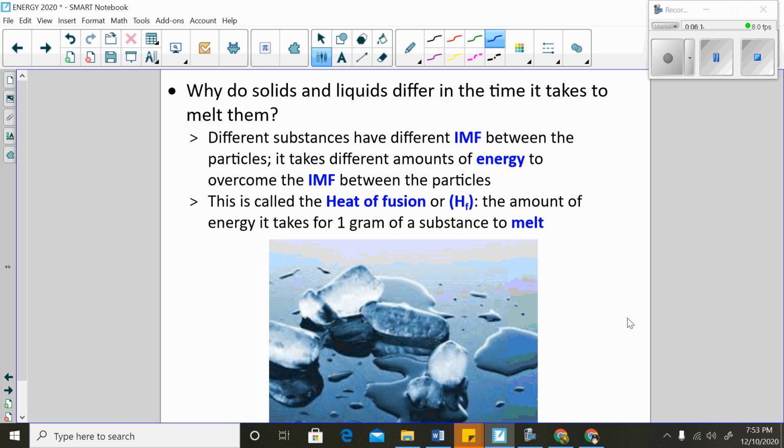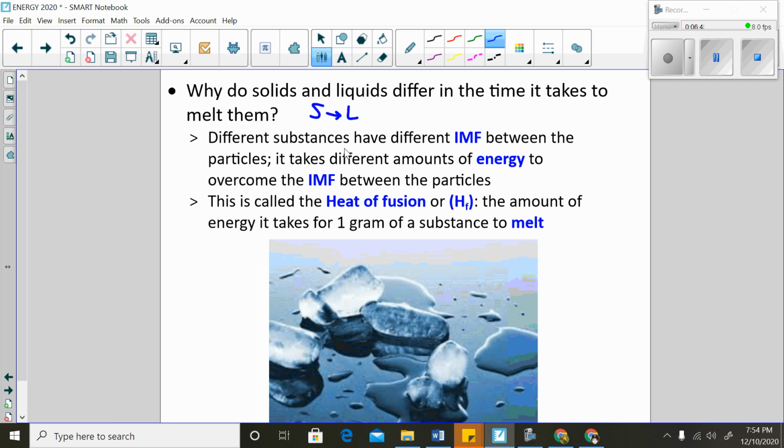So why do solids and liquids differ in the time it takes to melt them? We're going to focus on that melting, because what does melting involve? A solid changing to a liquid. And if you reversed it, then you would have freezing. Well, why are solids and liquids different from each other? Well, you have to remember that different substances have different IMFs, or intermolecular forces, between the particles.